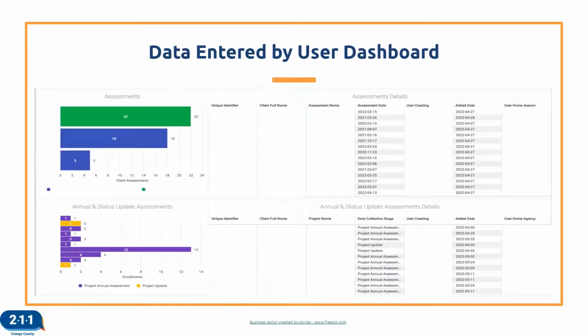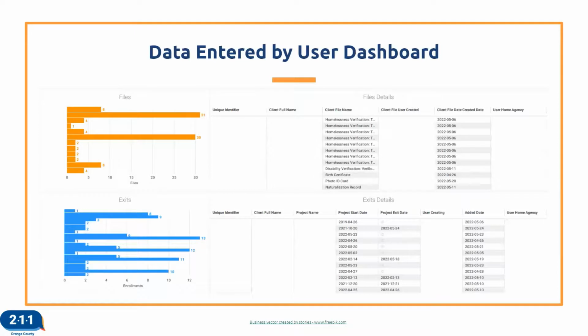And again, the bar represents different users. So under annual and status assessment updates, you'll see the 2 different colors, and each of those bars represents a user.